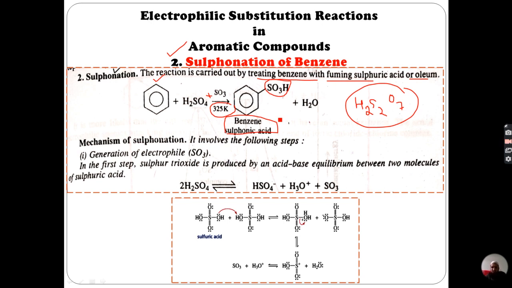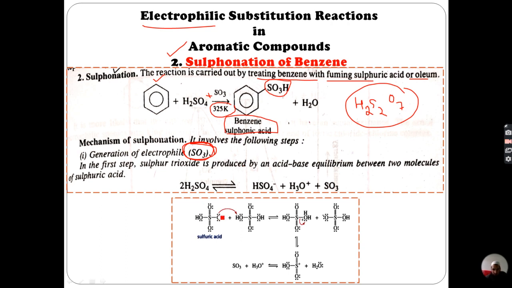Now what is important is that, as this is an electrophilic substitution reaction, we are always interested in knowing the electrophile. The electrophile in this case is SO3. When we study the mechanism, we'll understand the electrophile is SO3. So the first step is, how is the electrophile generated? In nitration we saw how the electrophile NO2 was generated, and here the electrophile is SO3.